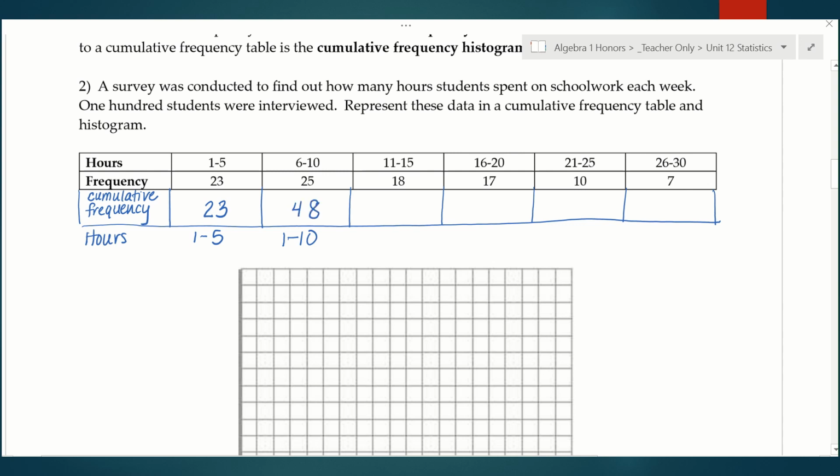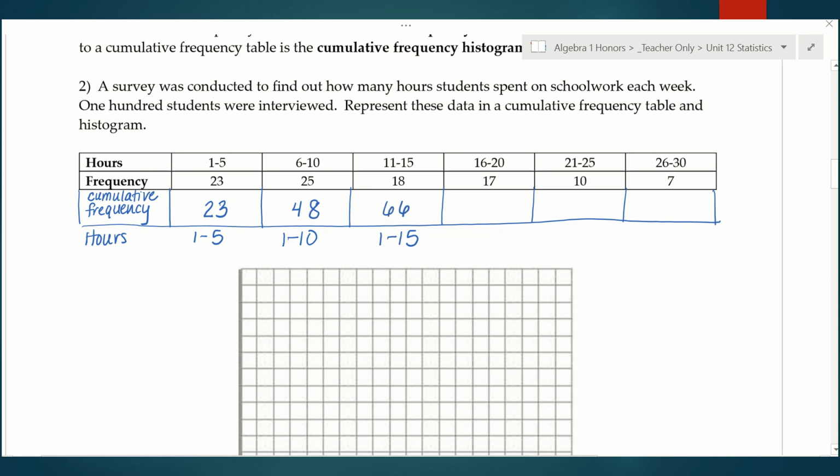Okay. My next interval is going to include everything up to that point. So it's not 11 to 15 anymore, it's 1 to 15. I need to add the first 3 intervals together, or you can think of it as 48 plus 18, which is 66. And then we keep going.